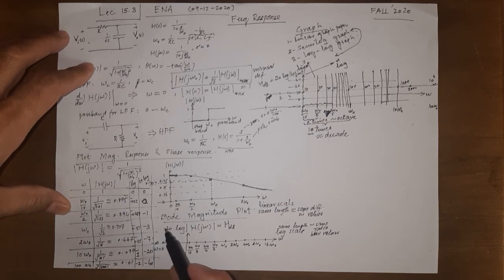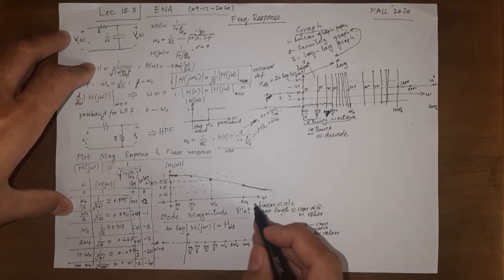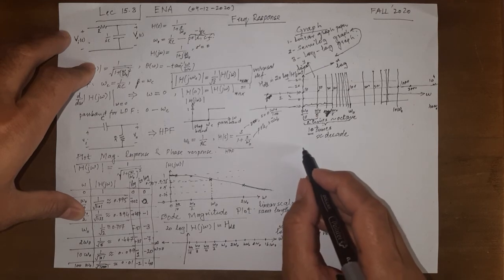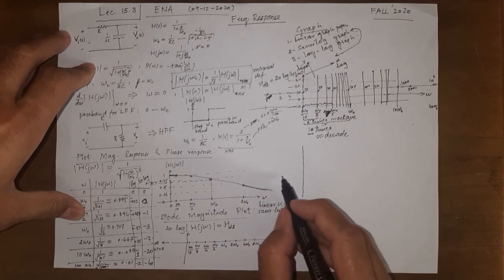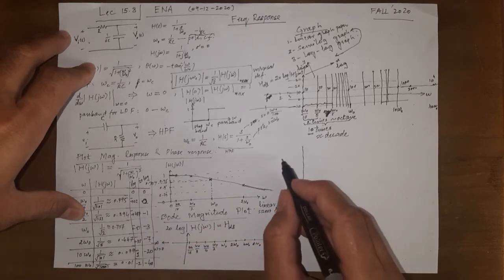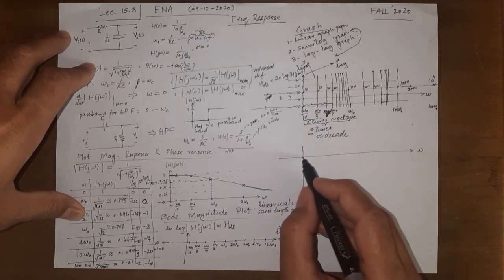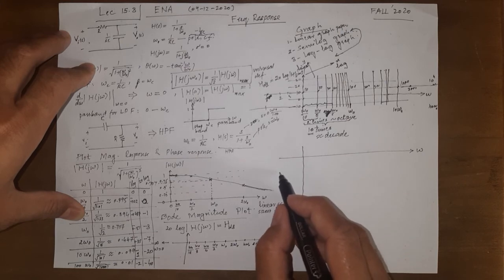So the magnitude plot, when you are plotting HdB, let me now take a graph, and because these values are in negative, I am drawing this 0 line here. So this is 0.